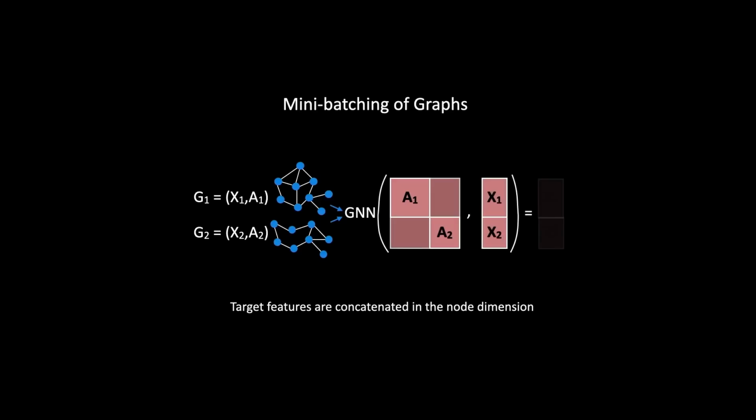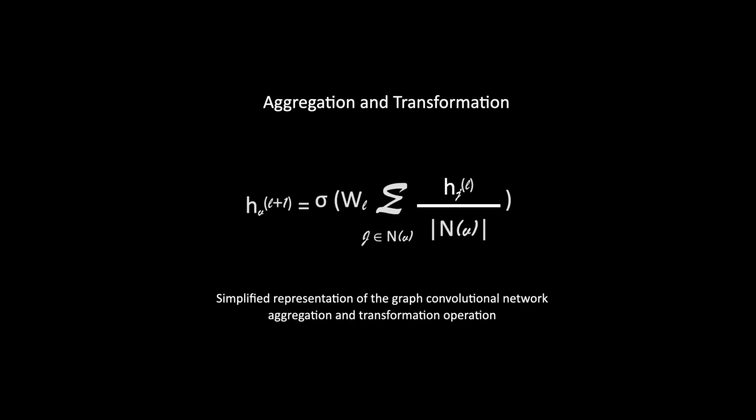And this mini batch data is what is fed into the neural network model to compute updated embeddings for every node across all graphs. In graph classification models, you can use regular graph convolution networks to generate embeddings for each node, which are then aggregated together to get an embedding representation for the graph as a whole.